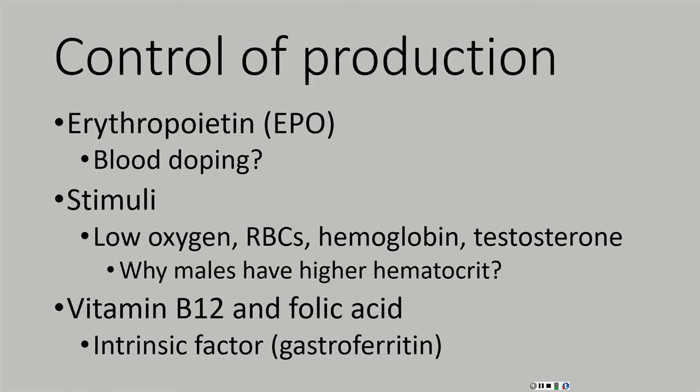If you are deficient in intrinsic factor, then you can't absorb vitamin B12, and that will lead to a disorder that we will talk about when we get to the various types of anemias. But just know that intrinsic factor is needed for vitamin B12 and folic acid, and vitamin B12 and folic acid are needed for erythrocyte production.